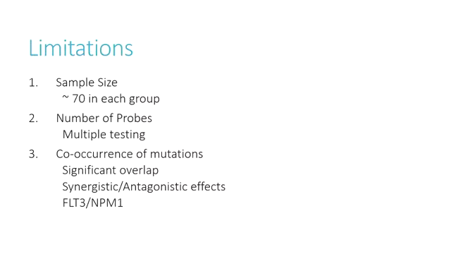So there's concerns about how these effects could play with each other, and so that's one of our limitations. And additionally, we have concerns with FLT3 and NPM1, which we know are very common in AML, and also interact with other mutations that are present. So our plan for this is to do sensitivity analysis, but we are going to run into some issues with that due to sample size.